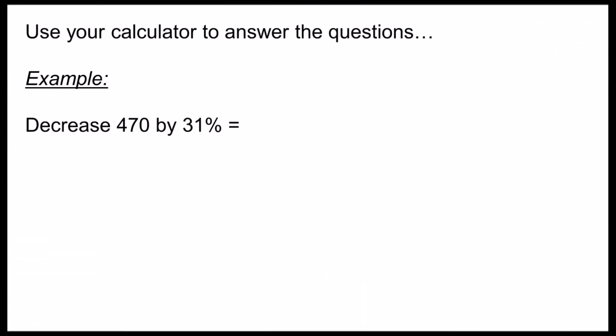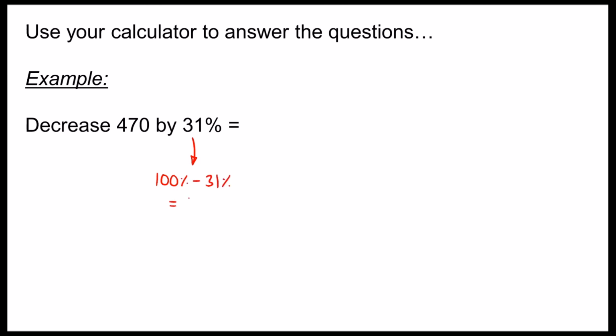In the second example, I'm asked to decrease 470 by 31%. Just like before, if I'm decreasing this time by 31%, I need to work out what 100% take away 31% is.